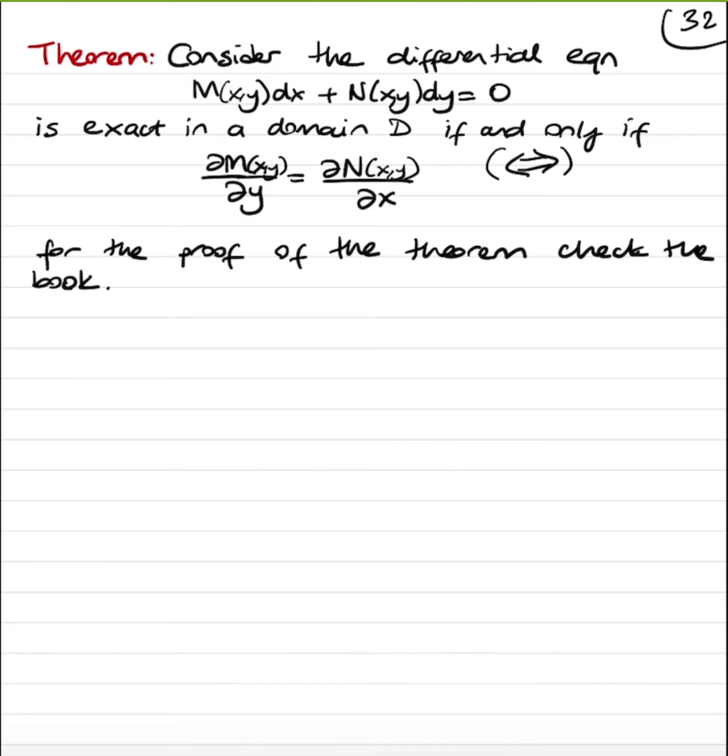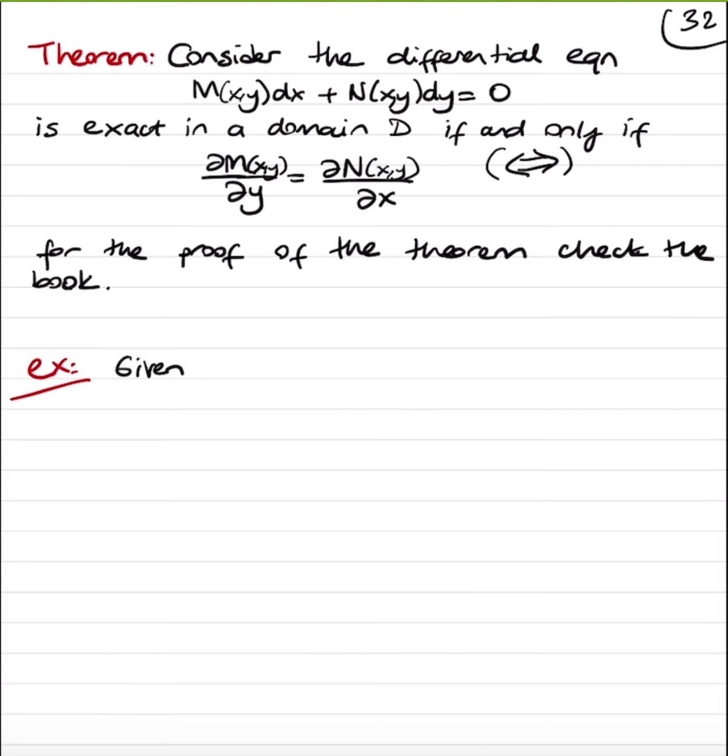So I will not give the proof here, but I would like you to check it from the book. And let's continue with an example, and you will understand how we solve exact differential equations.